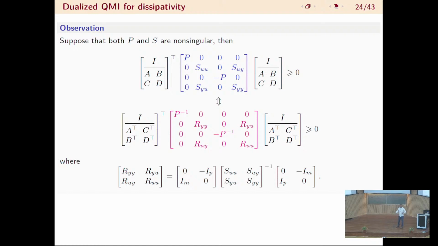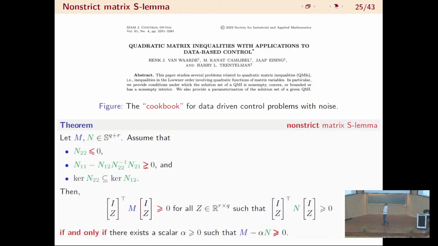And once I do that, I need another ingredient, the non-strict S lemma. And it also is available to us. It's about M and N, but this time, instead of strict inequality for the M part, I have non-strict.